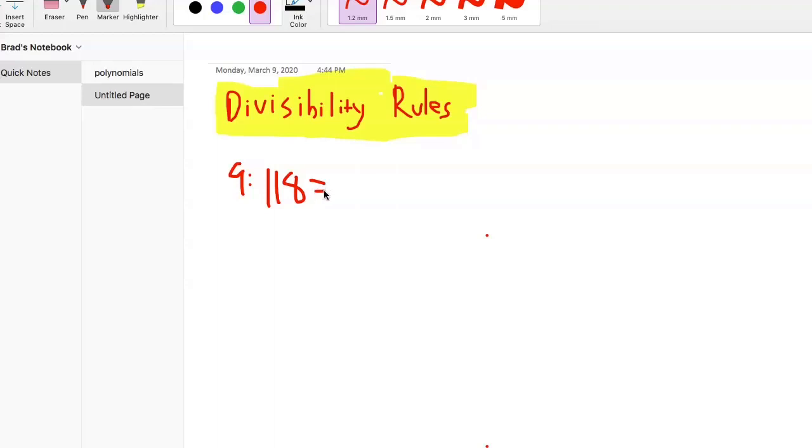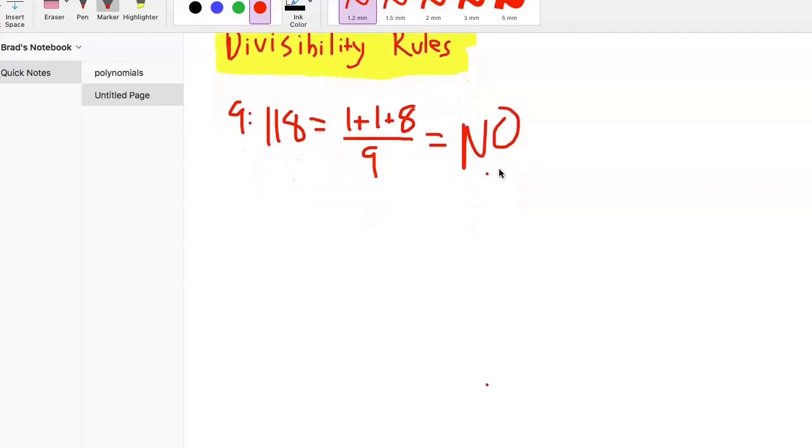Okay, so on these, once again, we add up the 3 digits on the top. 1 plus 1 plus 8, and divide by 9. Divide by what they asked us for. So 1 plus 1 is 2, plus 8 is 10. So 10 divided by 9 is not an integer, so we go with no, right? As long as the answer is an integer, we're good to go. We don't care about odds or evens on this one.